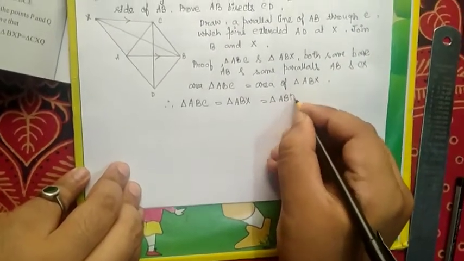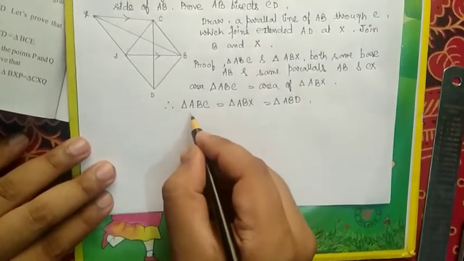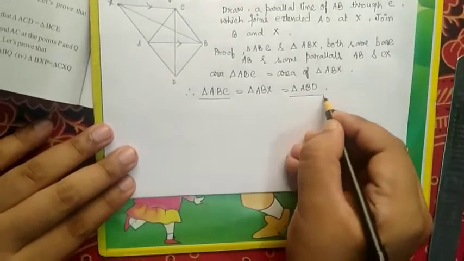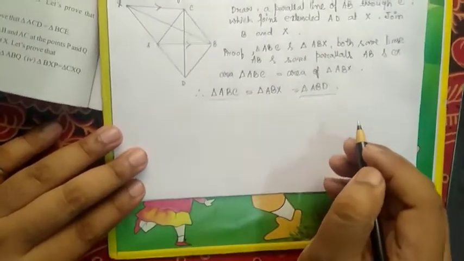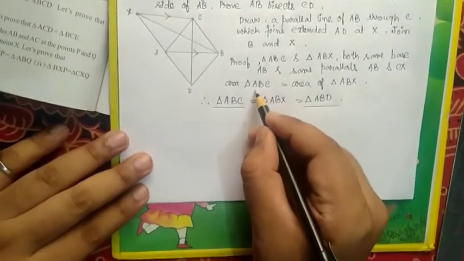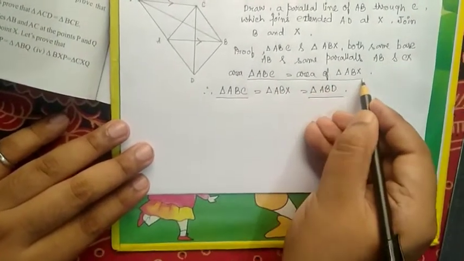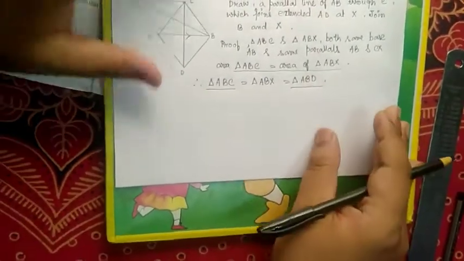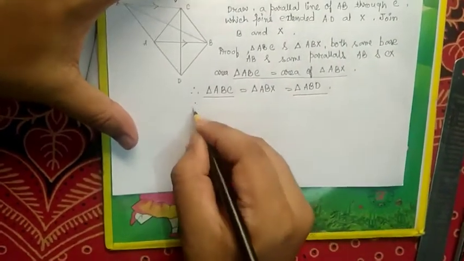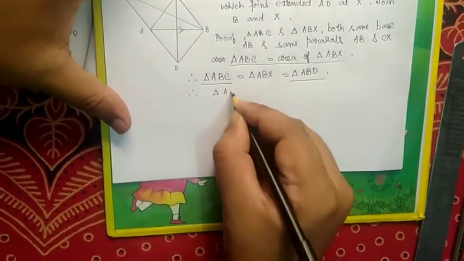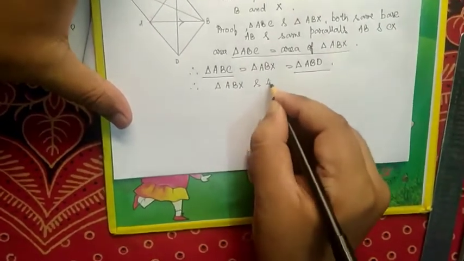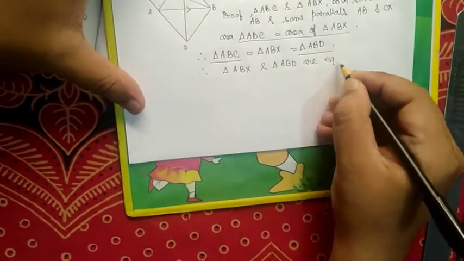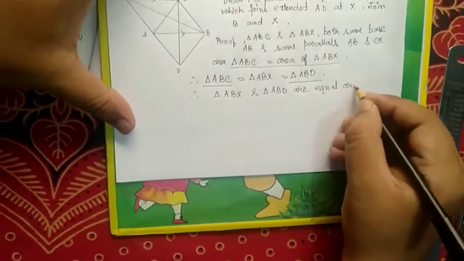Previously from the question we know that triangle ABC and triangle ABD are of equal area, and here we have shown that triangle ABC equals triangle ABX. So these three triangles are equal to each other. So therefore we can say that triangle ABX and triangle ABD are equal in area.